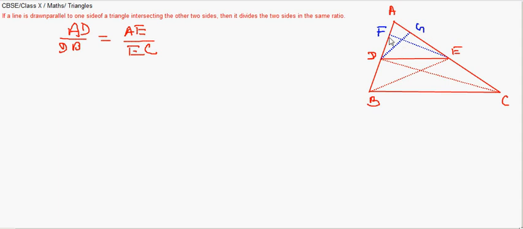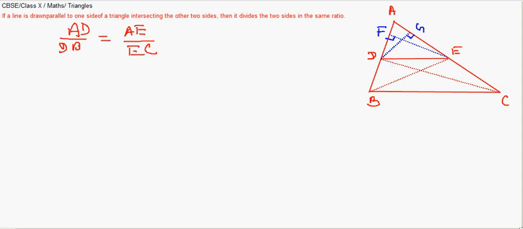These are the two perpendiculars we have drawn now. Since EF is the perpendicular to AB, therefore EF becomes the height of the triangle ADE, as well as for DBE as well. This EF becomes the height of ADE as well as DBE. On the other hand, DG now becomes the height of ADE and DEC.